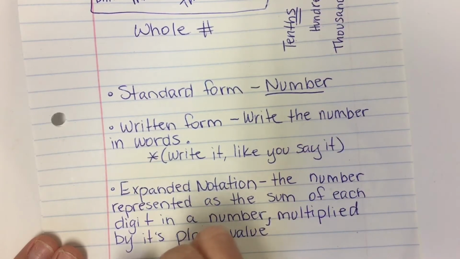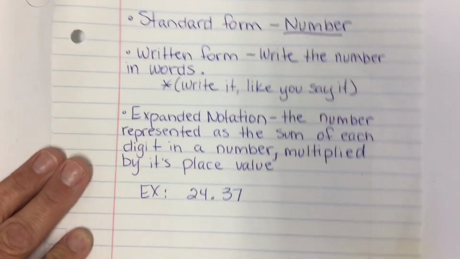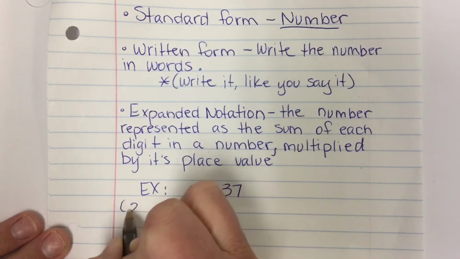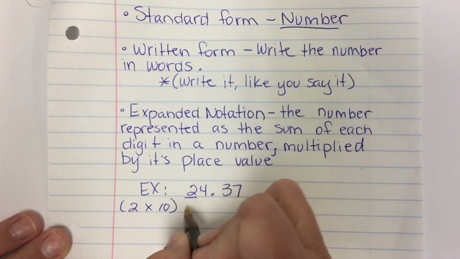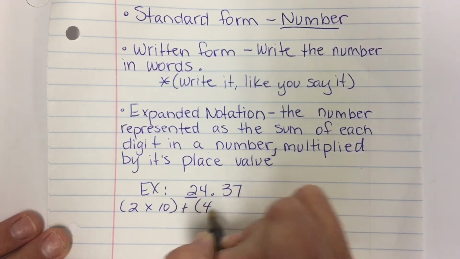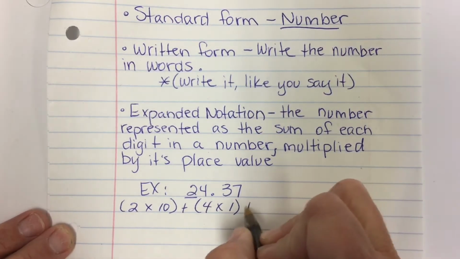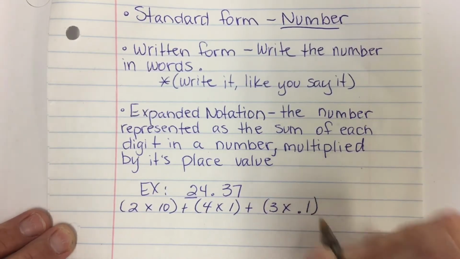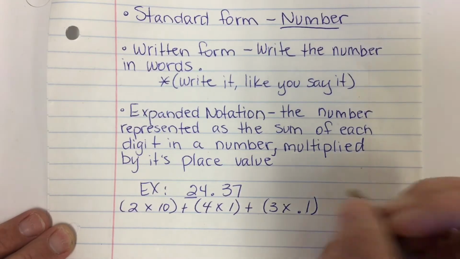So an example would be if I have the number 24.37, that's 24 and 37 hundredths. That means the 2 is in the tens place, so I'm going to put 2 times 10. The 4 is in the ones place, so I'm going to put plus 4 times 1. The 3 is in the tenths place, so I'm going to put plus 3 times 0.1.